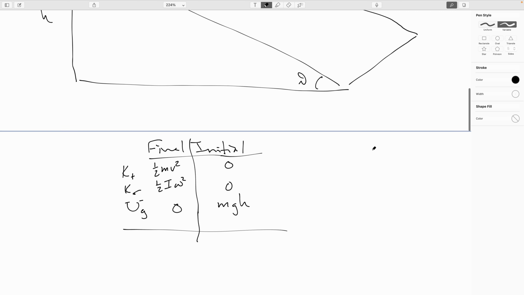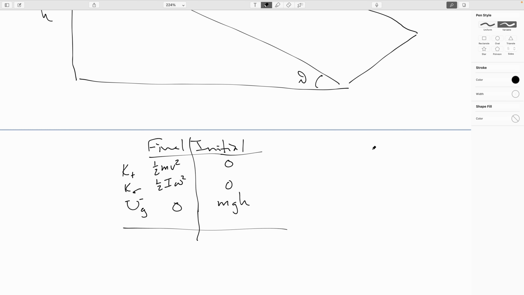The second thing is that in this case here, all of the moments of inertia have the same form. Remember, for a sphere, the moment of inertia is 2/5 mr squared. For a cylinder, it's 1/2 mr squared.